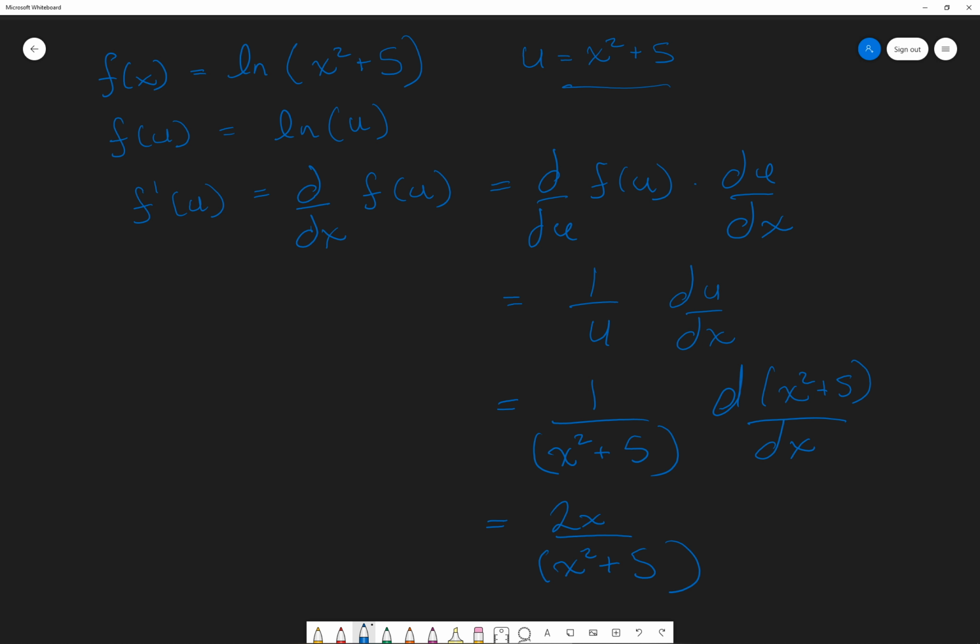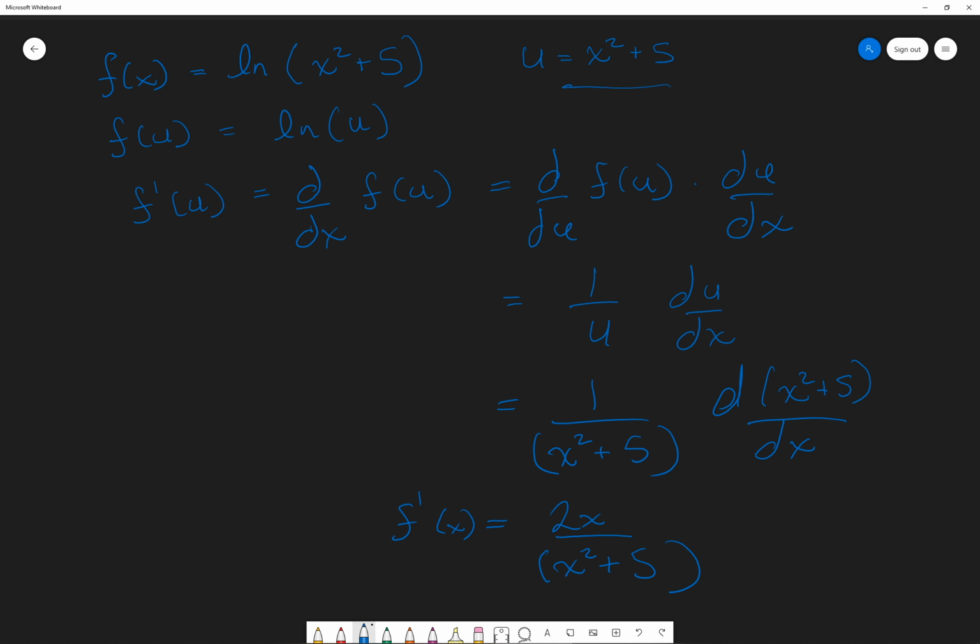Okay, so this is my f prime, the derivative of that function. It's f prime now as a function of x, because we've converted everything back. Okay, so that's an example.